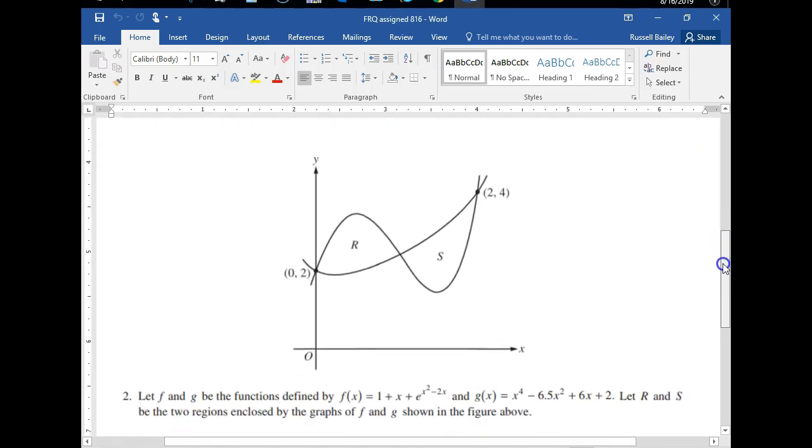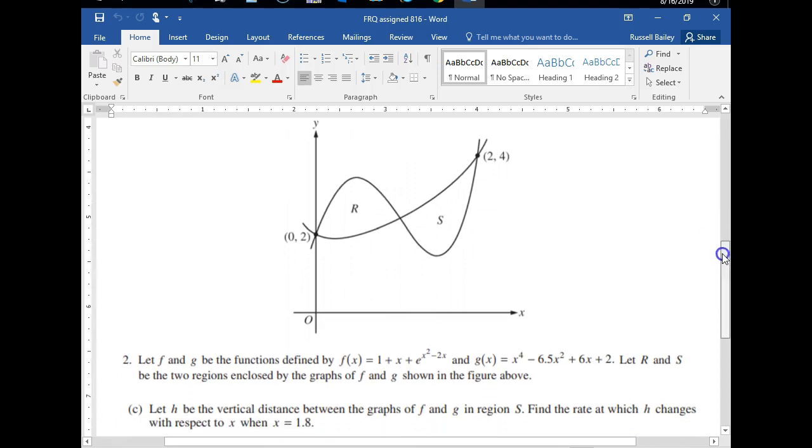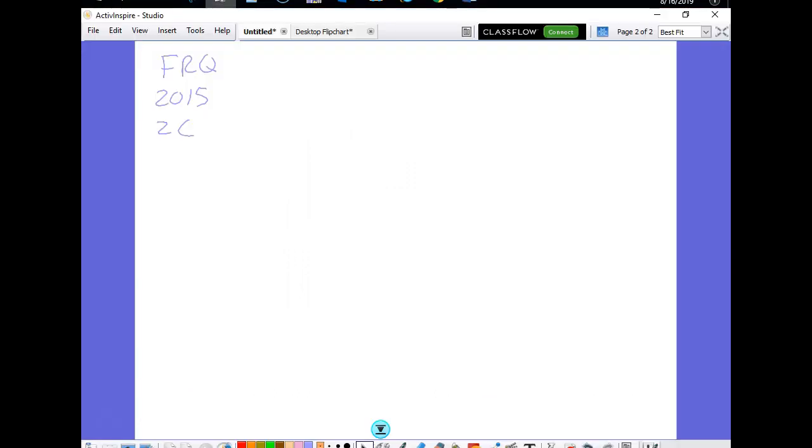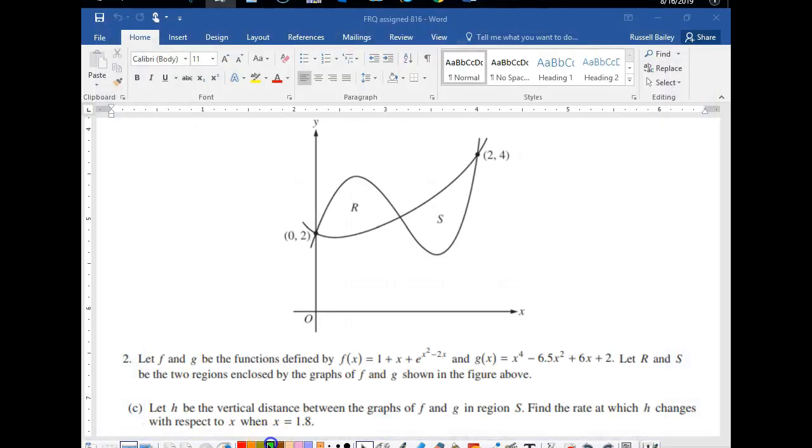So we have 2 graphs here, okay? One on top of the other. Let me get my pen. We have this line here, and then we have this line here. There's 2 lines, right?